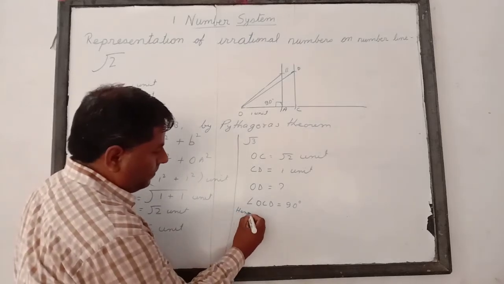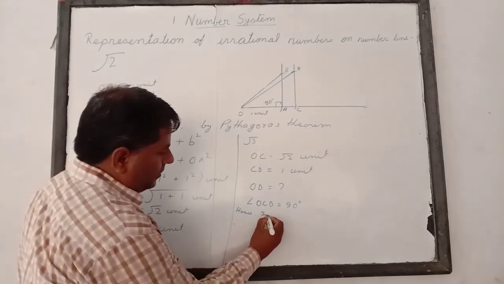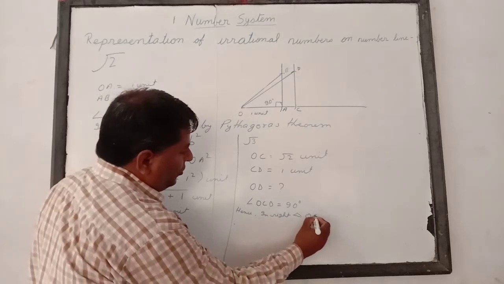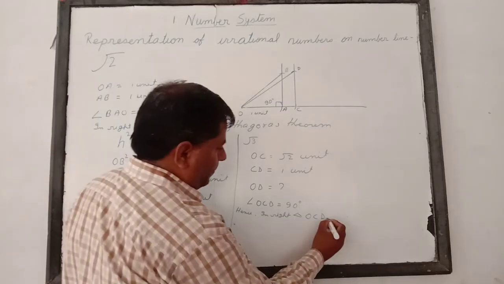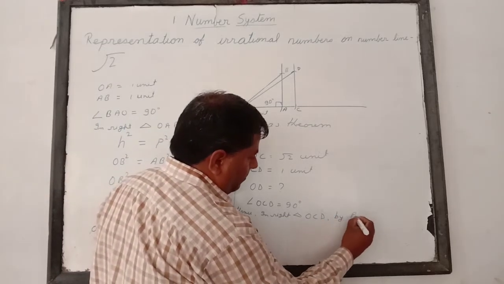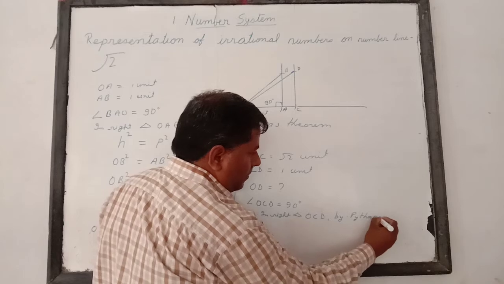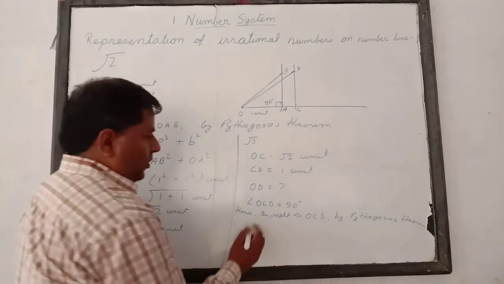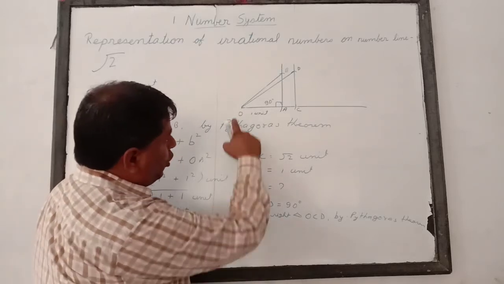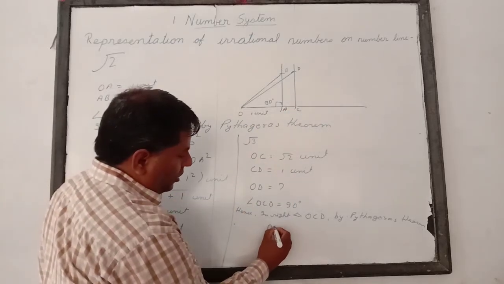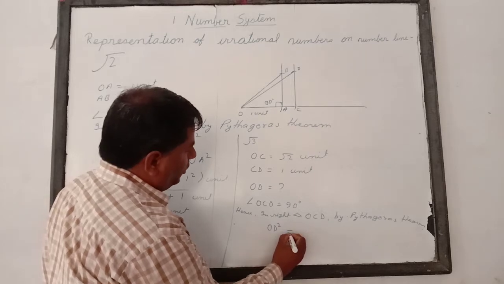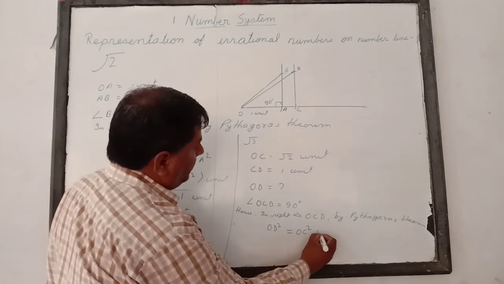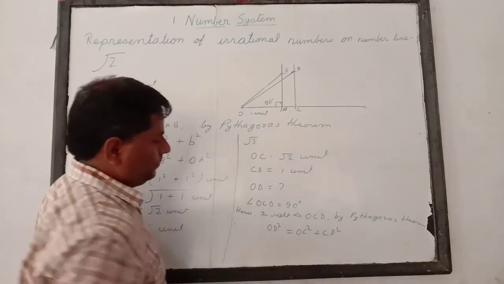Hence, in right triangle OCD, by Pythagoras theorem, we can write, hypotenuse is OD. So OD square is equal to OC square plus CD square.